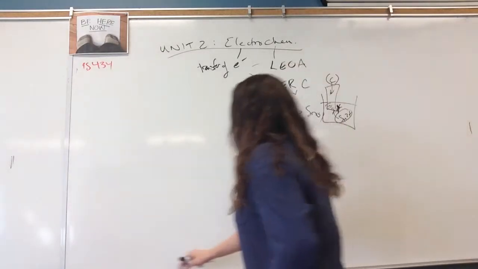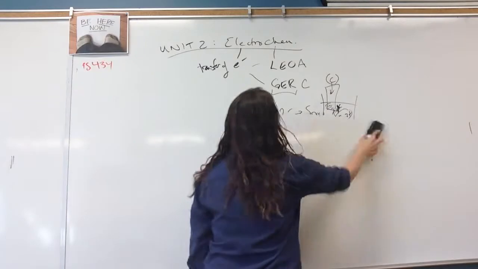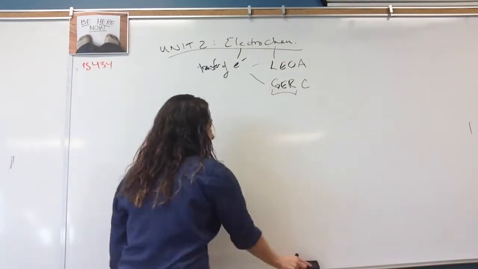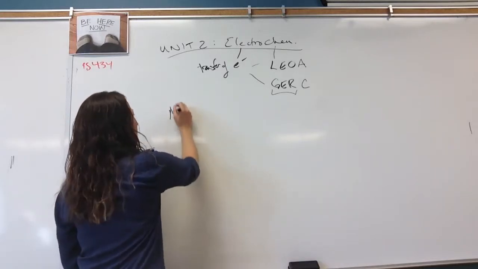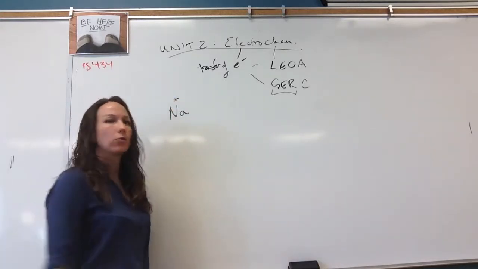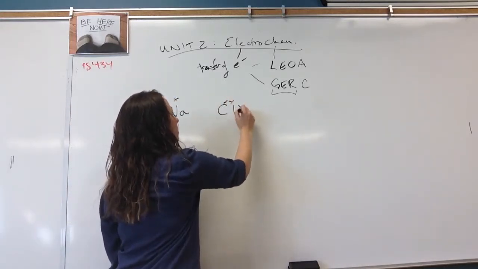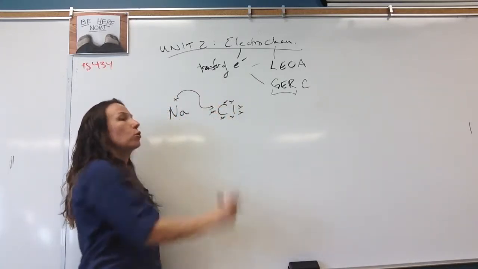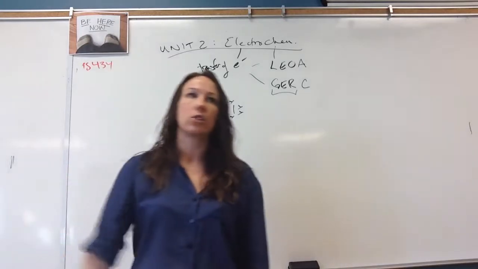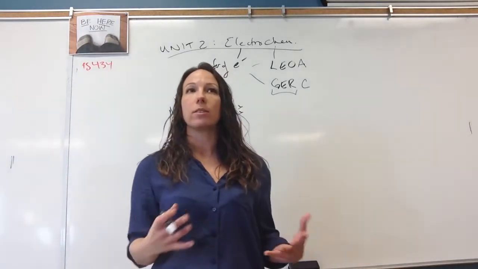Okay, so this in its most simple form is what you did in Chem 20 or even Science 10, where you learned how sodium has 1 valence electron, chlorine has 7 valence electrons, and sodium will want to transfer to fill its shell. So what this has to do with is stability.